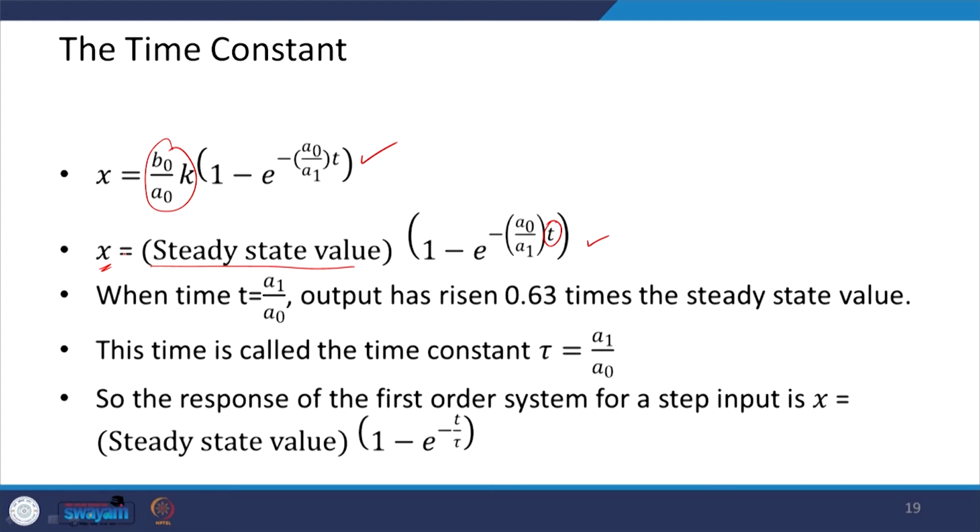That will be 0.63 times the steady state value, and this time is called the time constant. So, this a1 by a0 is known as the time constant, and if I write it in terms of that, then this is my response of the first order system for the step input.